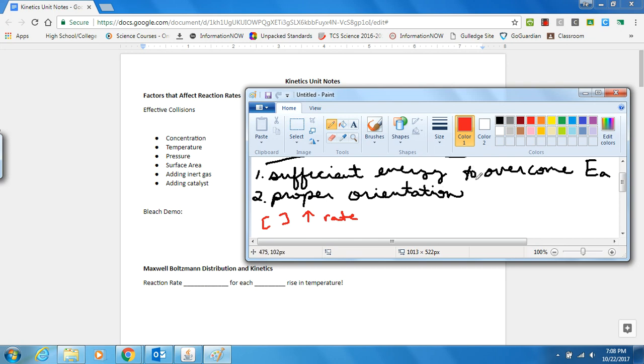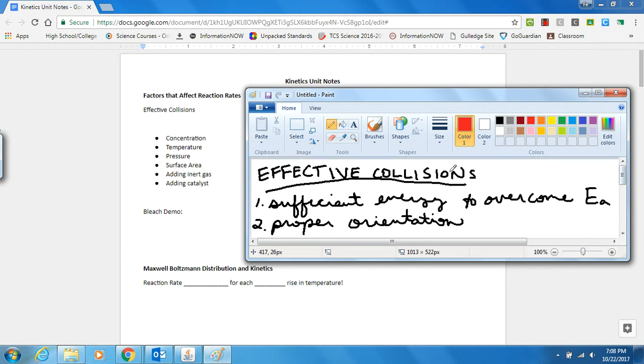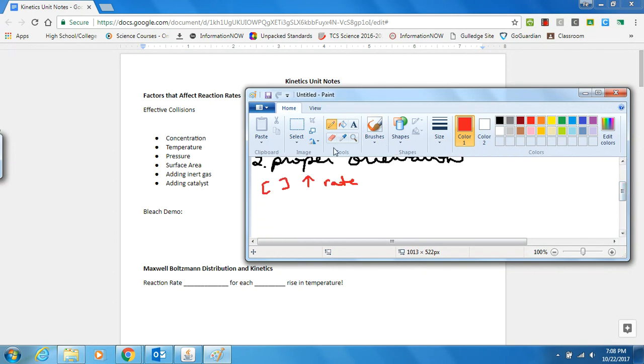So due to the greater probability of these two pieces of criteria, you have a greater probability of having an effective collision. And if you have an effective collision, you have those reactants converting to products. And so that is why anytime I increase the concentration of my reactants, I increase my rate. That means the reaction will happen faster.